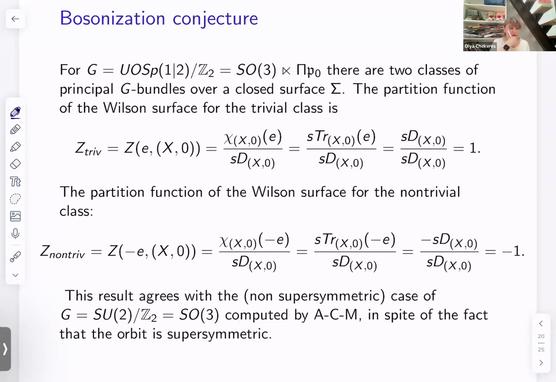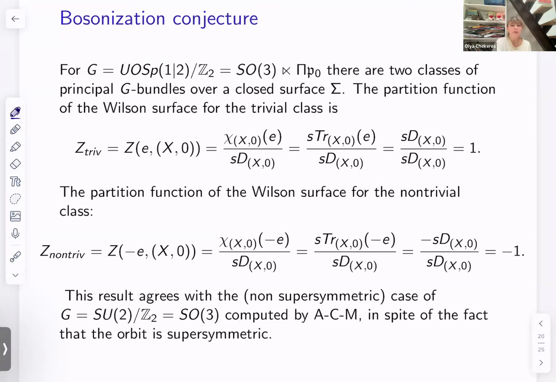So we introduce what we call the Bosonization conjecture, which states that if we have only even part, if the Cartan subalgebra does not have an odd counterpart, the partition function of this modified super Wilson surface, where the target is now superspace, a super coadjoint orbit, will not be different from a regular Wilson surface.